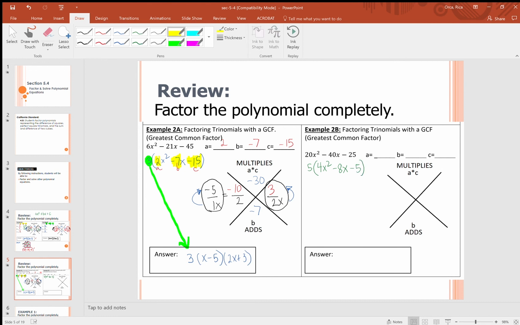Now let's identify our a, b, and c values. A is 4, b is -8, and c is -5.